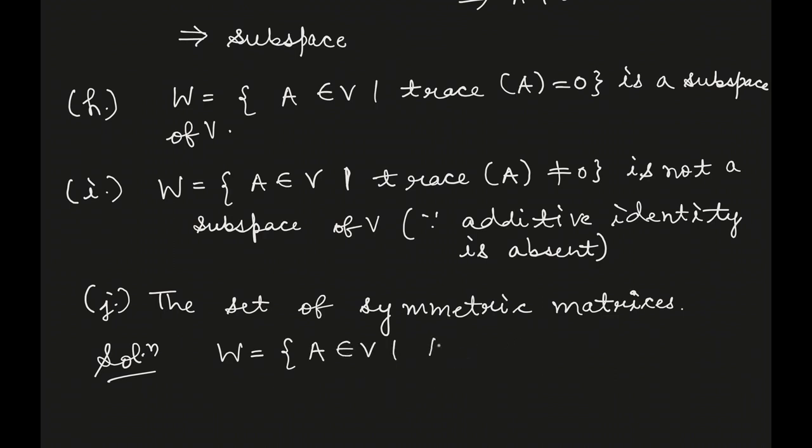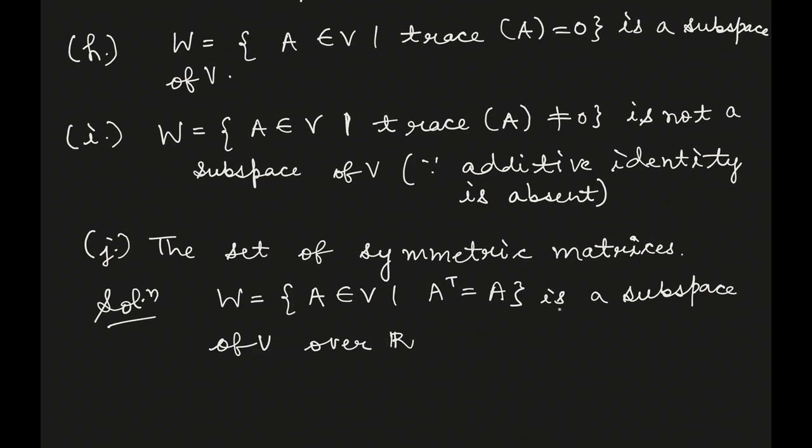A transpose equal to A. This is a subspace of V over R, because Aij is equal to Aji when the transpose is taken.